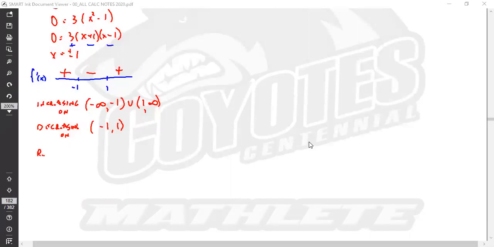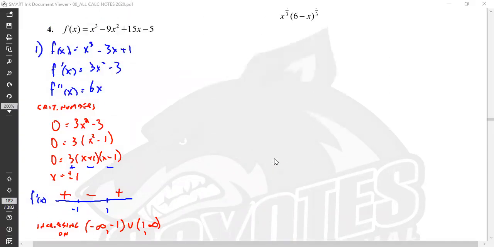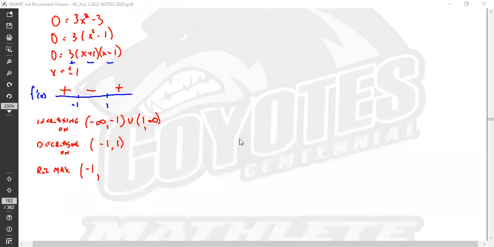We have a relative maximum when we have increasing and then decreasing. So we have a relative maximum when x is negative 1. What's our y value? For our y value, we have to go back to the original function, and we're going to look at f at negative 1. We plug negative 1 in for x.